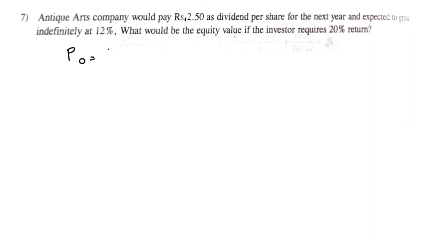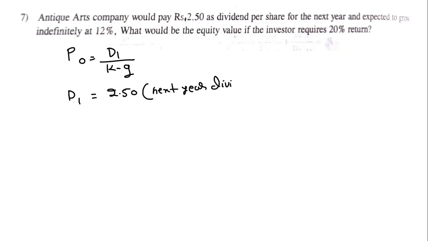So P naught is equal to D1 divided by K minus G. We have D1, K, and G. D1 is 2.50, the next year dividend mentioned in the problem, K is 20% and G is 12%.